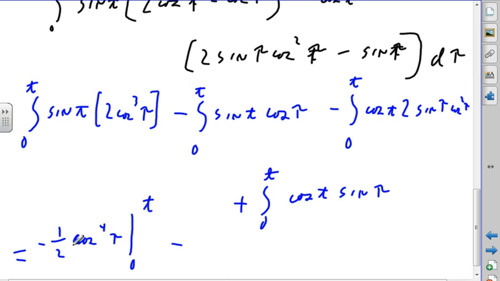No, this is cosine. If I take the derivative of this, I get the 4 goes out there, and I get 2 cosine cubed, and then I take the derivative of the cosine, and I get minus sine, and the minus sign goes there with a minus sign.